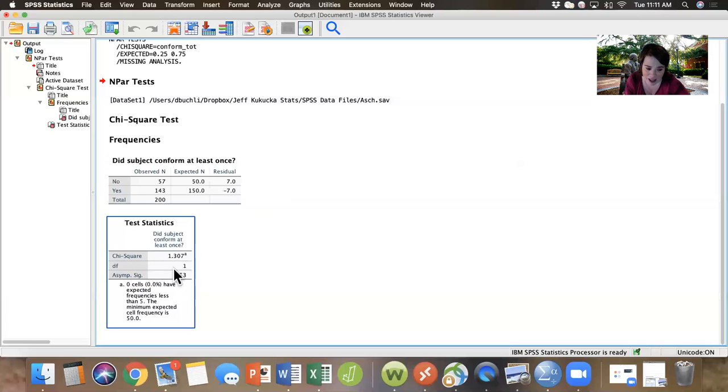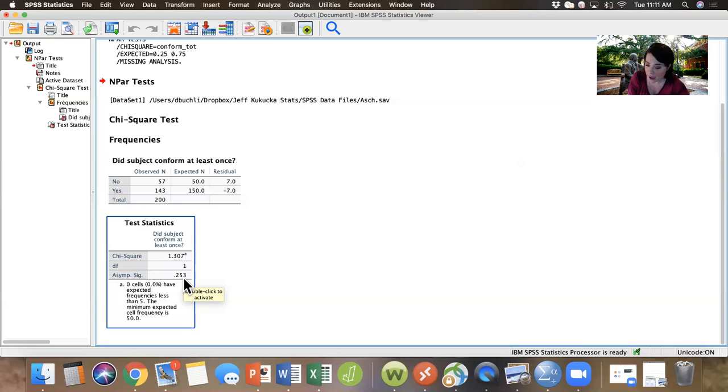But instead of having to look at our degrees of freedom and our chi-square value and go to our table to get a critical value, like I said, SPSS always gives us our p-value. So whenever you see anything with sig or significance attached to it, pretty much in any table that you generate, that's your p-value.